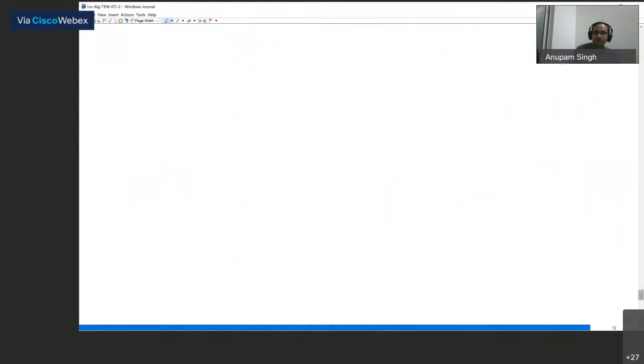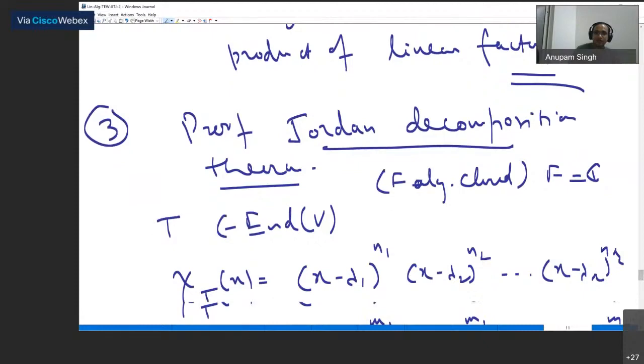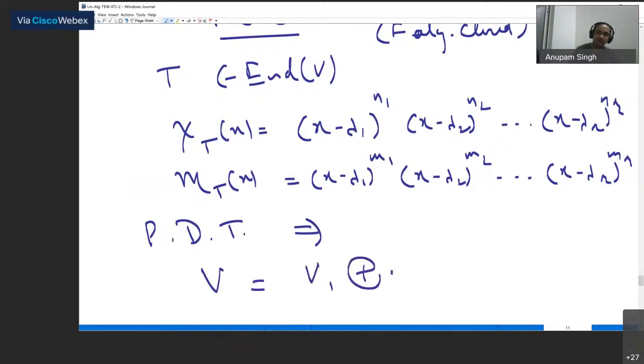So then I can apply the primary decomposition theorem. The primary decomposition theorem implies I can write V as a direct sum of V1, V2, and so on, VR.